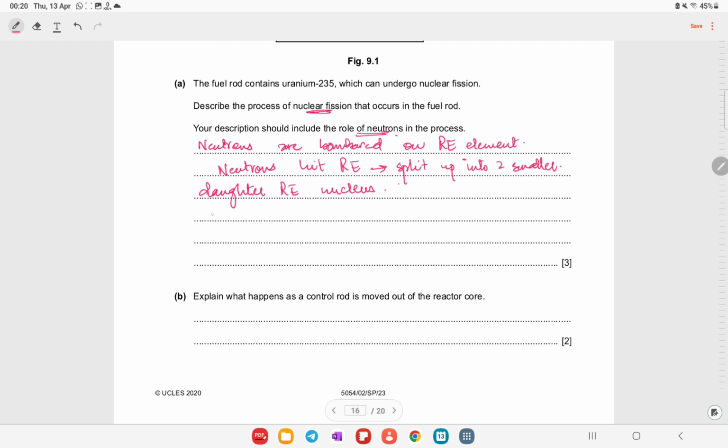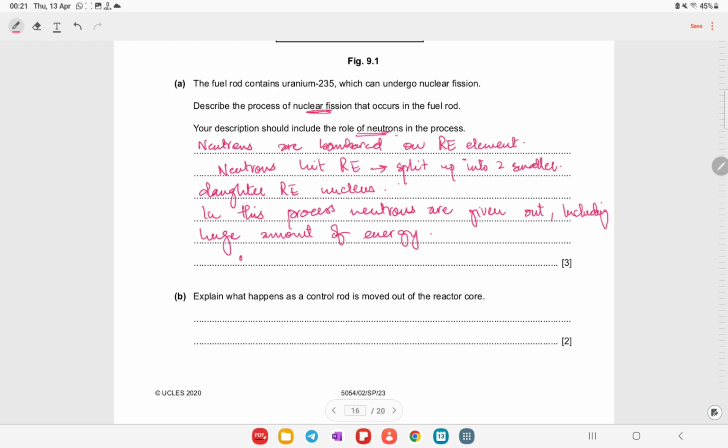In this process, neutrons are given out, including a huge amount of energy.